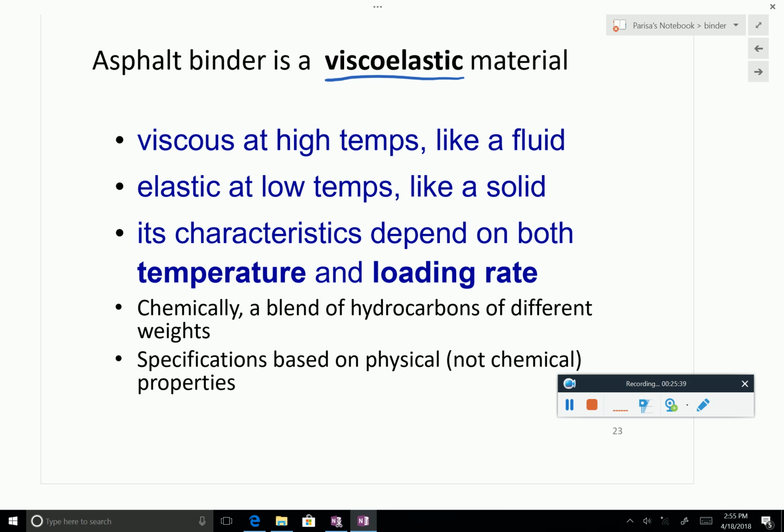Another important thing was that everything is temperature dependent. Do you remember this curve where the viscosity and temperature, what did we learn? If temperature goes up, what happens to viscosity? Up or down? Oops, yeah.